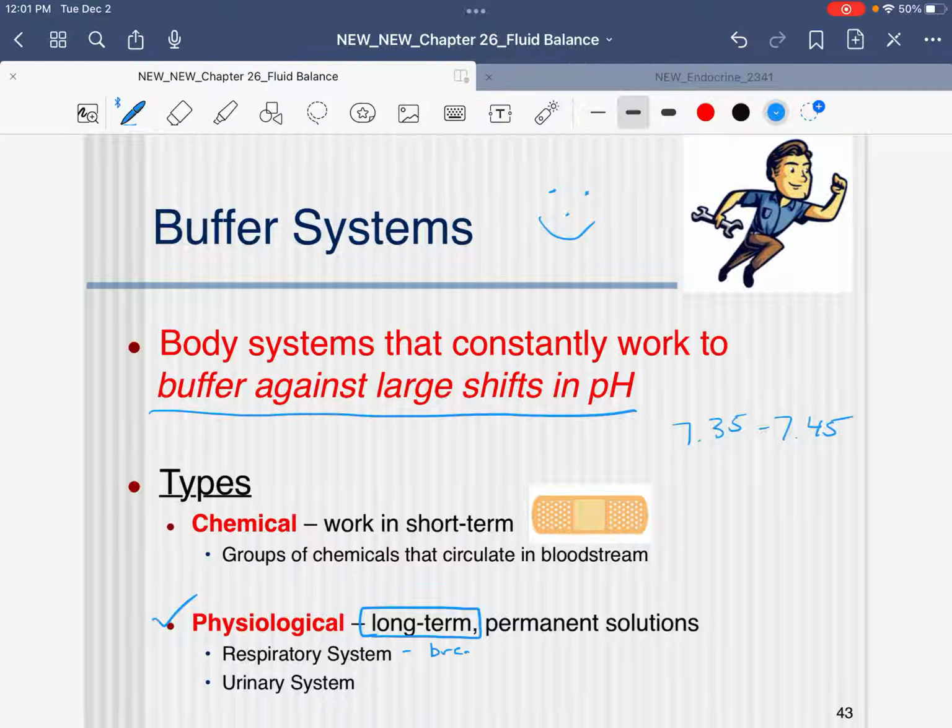Because we have the ability to breathe out more or less CO2. You already know that. How does the urinary system help to regulate pH? Because we have the ability to reabsorb more or less. Let me hear it, folks. I don't hear you. Bicarbonate.